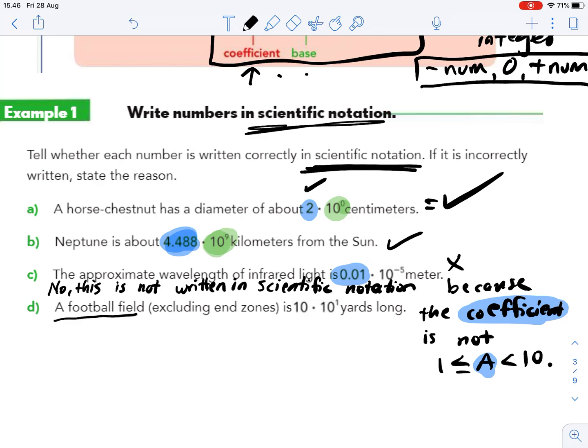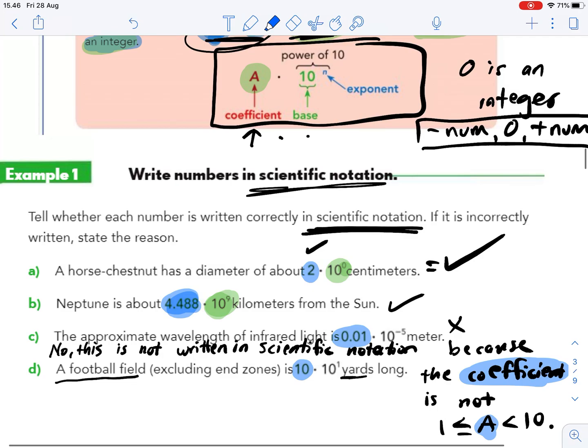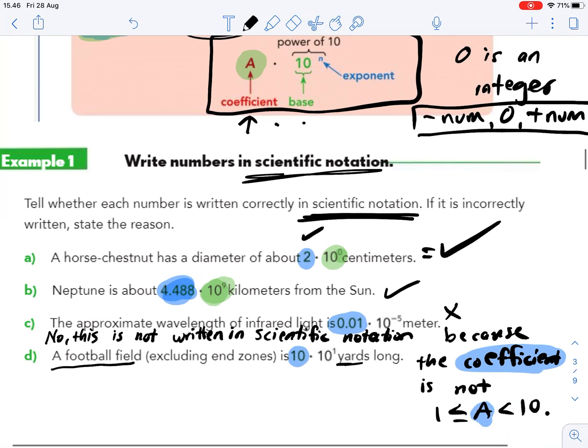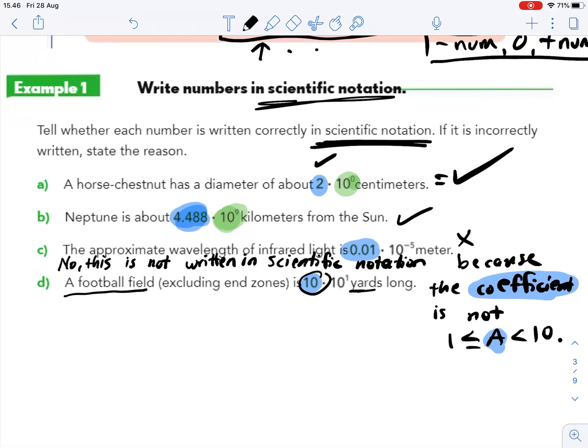Let's go to D. A football field, excluding the end zones, is 10 times 10 to the 1 yards long. Well, this must be American football. Let's check the coefficient. I have 10 here. Is the coefficient between 1, including 1, and 10? Now, be careful here because, look, you see there's no equal sign underneath the less than sign there. So we can't include 10. That means that we can never have 10 as a coefficient.